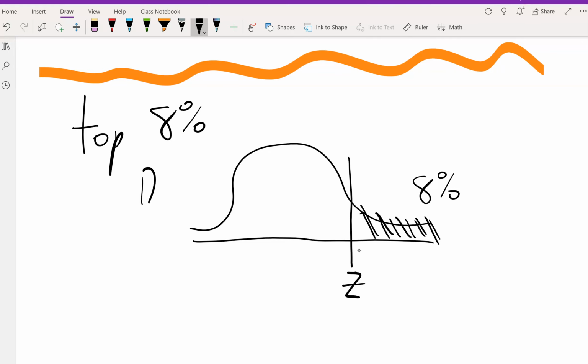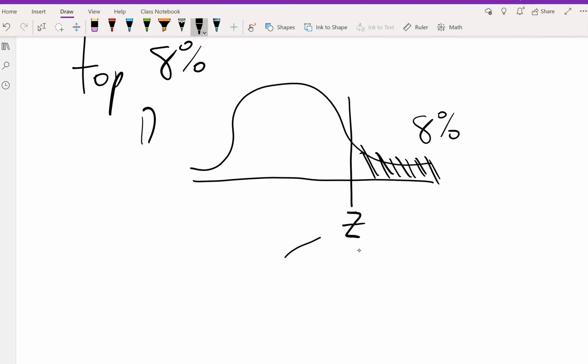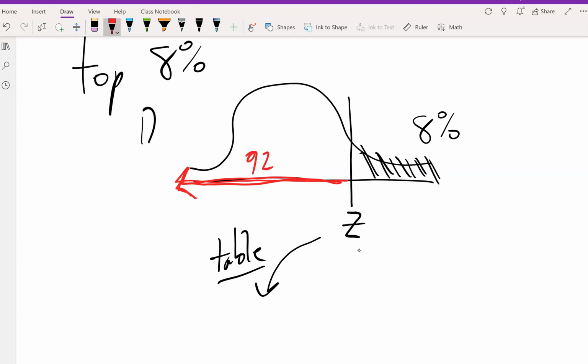Could I find the z-value that represents the top 8%? Well, I keep saying top because when I go in my step 2 to the table, I'm not going to the table for 8%. I'm actually going to the left because, one more time, people, remember, the table is always about the left. So I'm actually going to look up, you guessed it, 92%.